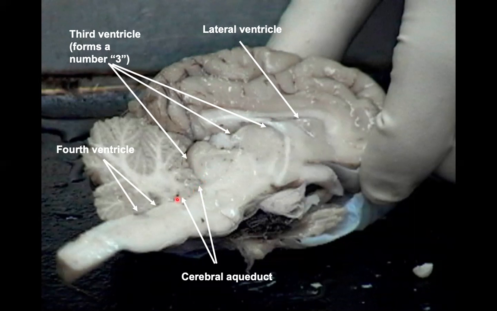Continuing down, right here, there would be an opening if you separate your cerebellum from the pons region. Right here would be your cerebral aqueduct. And then you can visualize a triangular structure right here. This triangular structure would be your fourth ventricle.